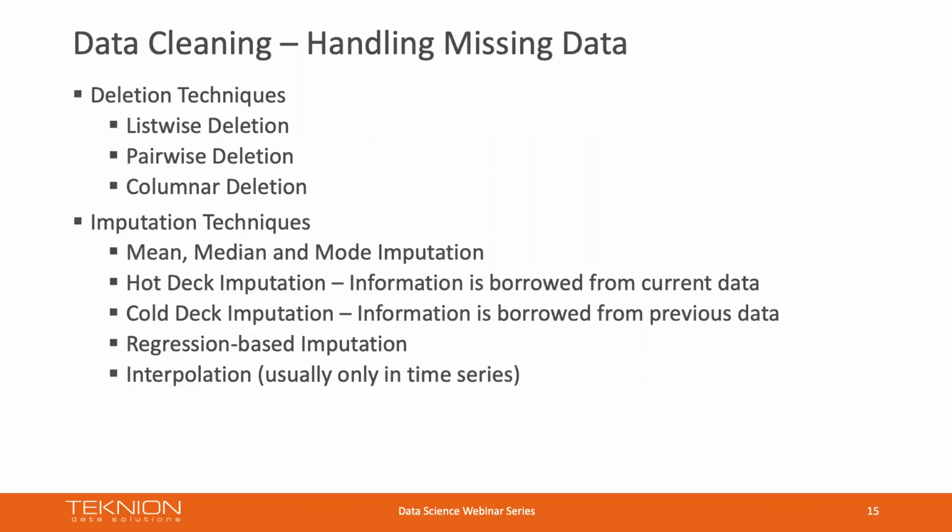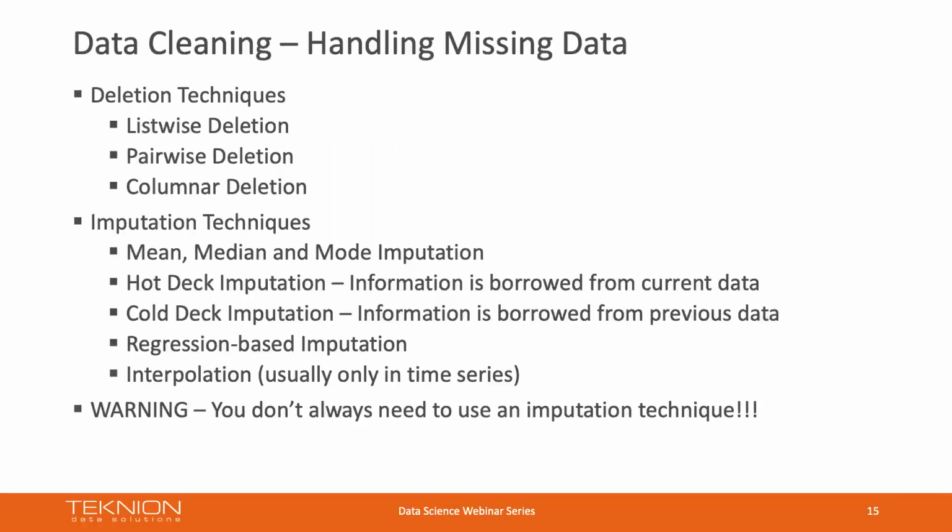Okay, so here's the one caution: it's not your data anymore. When you handle missing data and use these imputation techniques, that's not your actual data. So we proceed with caution here. The warning is you don't always need to use an imputation technique. Why is this important? Let's suppose I'm wanting to use an analytic method that uses some sort of empirical Bayes estimation.